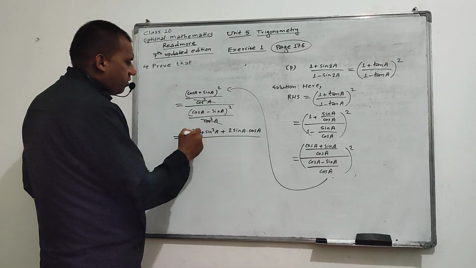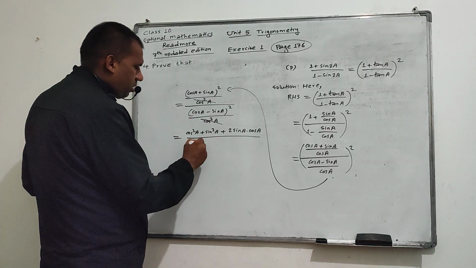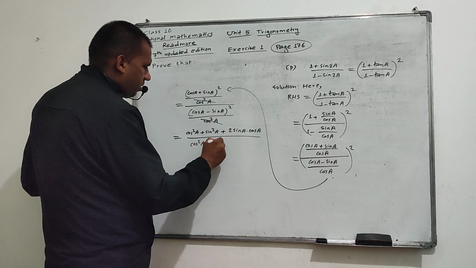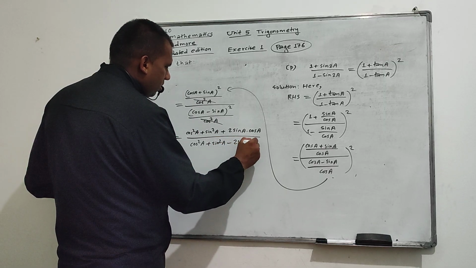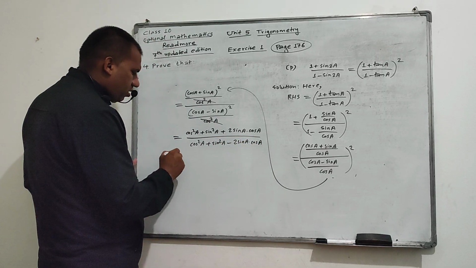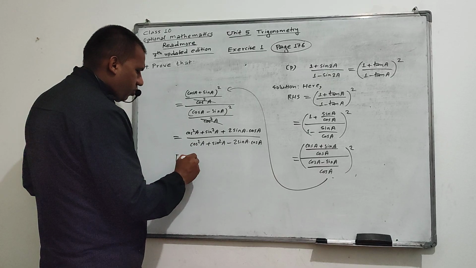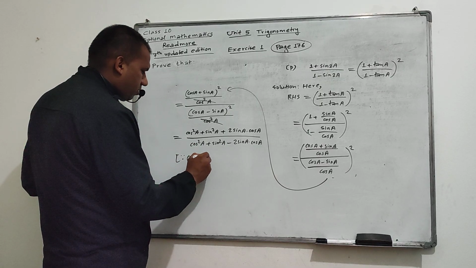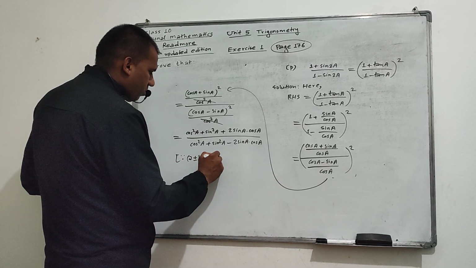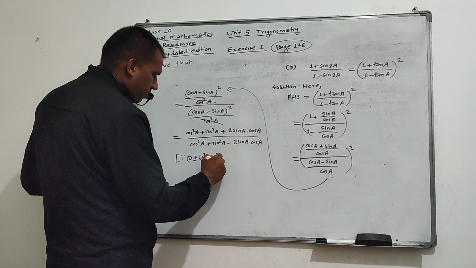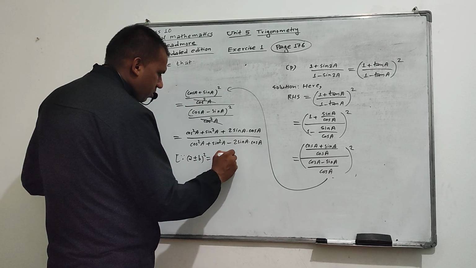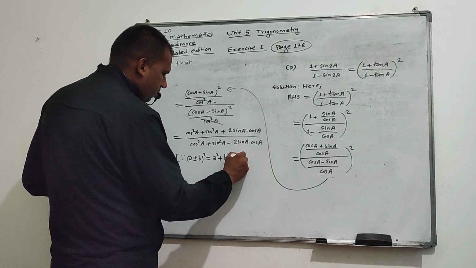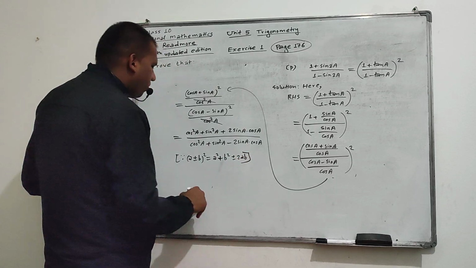Similarly, (cos a minus sine a) whole square is cos square a plus sine square a minus 2 sine a cos a, because (a plus minus b) whole square equals a square plus b square plus minus 2ab by using this formula.